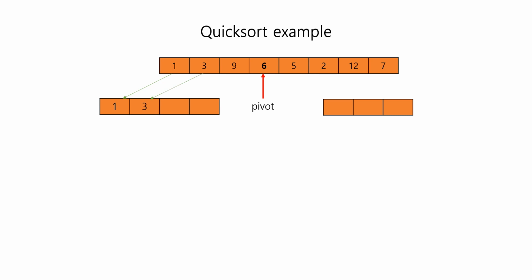So number 1 is less than 6, it's stored on the left, and number 3 as well. Number 9 is larger than the pivot, so it goes to the right, and 5 goes to the left, 2 smaller than the pivot goes to the left, 12 larger than the pivot goes to the right, 7 larger than the pivot goes to the right.